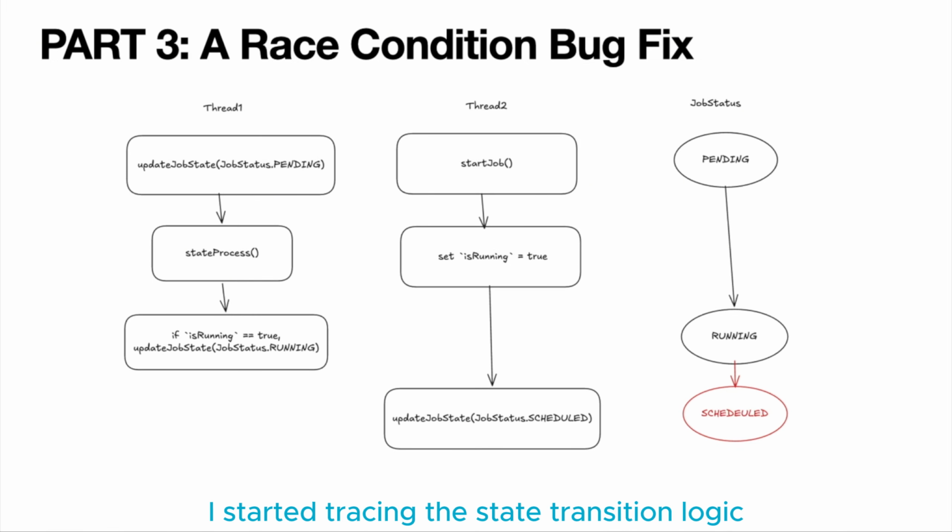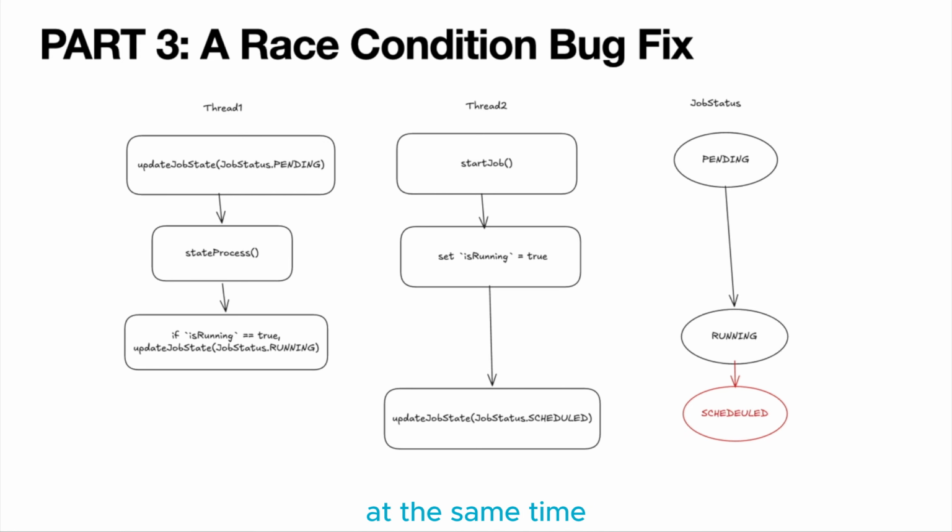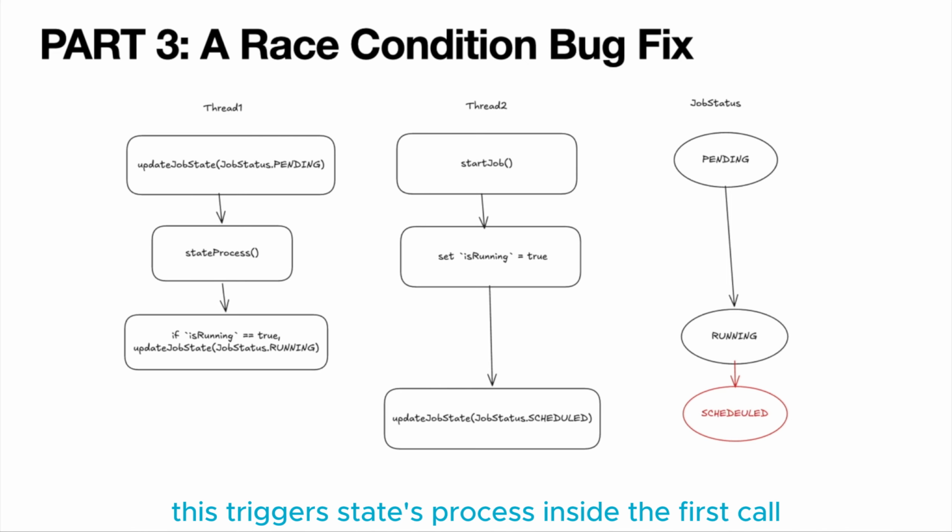I started tracing the state transition logic in the physical plan class. First, update job state is called to set the job to pending. At the same time, start job runs and sets its running to true. This triggers state process inside the first call, which transitions the state to running prematurely.